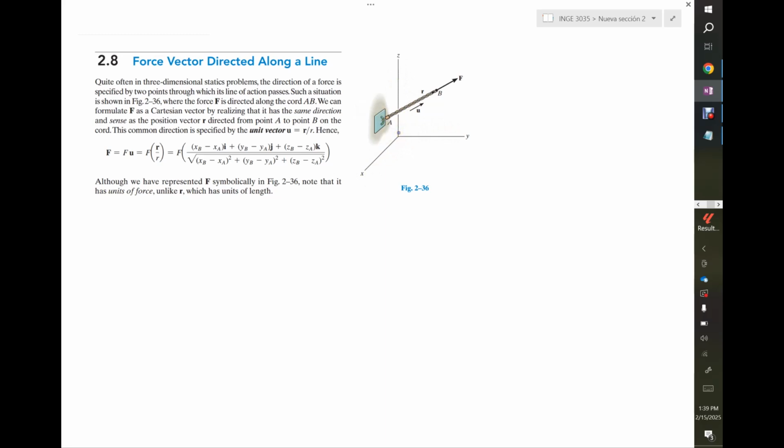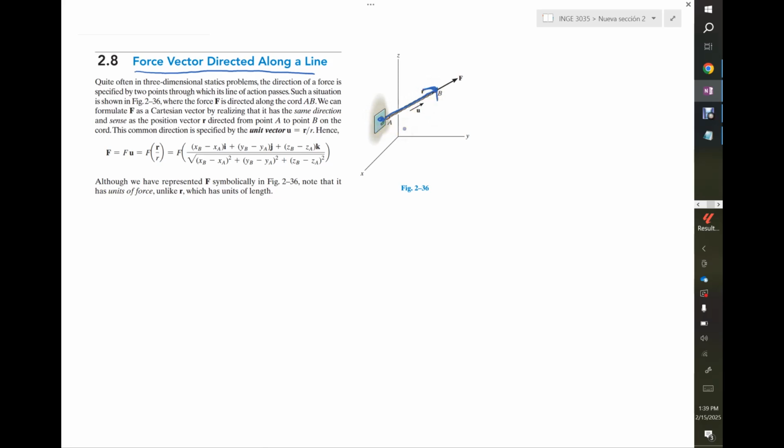So in order to deal with this kind of force, we have to do what is said here: force vector directed along a line. We need to indicate the position of that force with respect to at least two points, one point A and one point B, and ensure that you understand the direction of that tensor, because it could be that way or it could be downward.